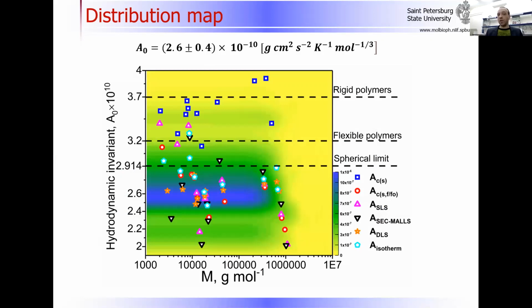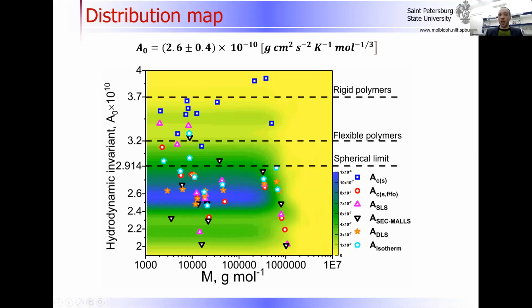Here you have a distribution map, a color map, which is based on all known literature data up to date that can be used to calculate the hydrodynamic invariant, or where it was already calculated or stated in the papers, regarding different types of dendritic, hyperbranched, or the complete family of branched polymer systems.